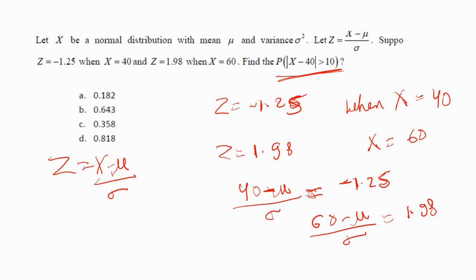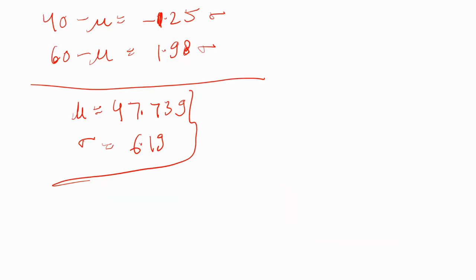Now what is given here is that we want to find the probability of mod x minus 40 greater than 10.